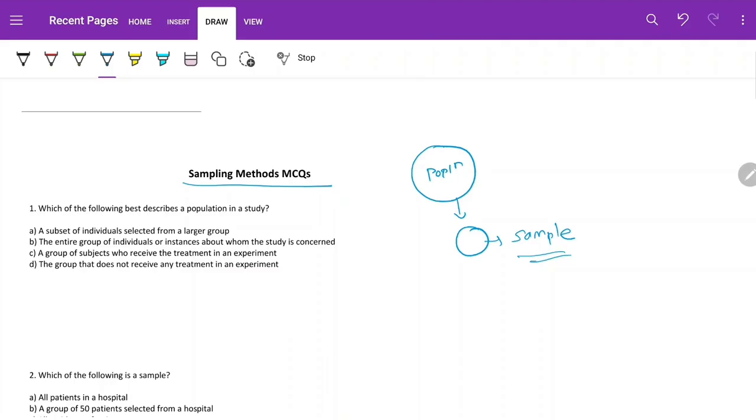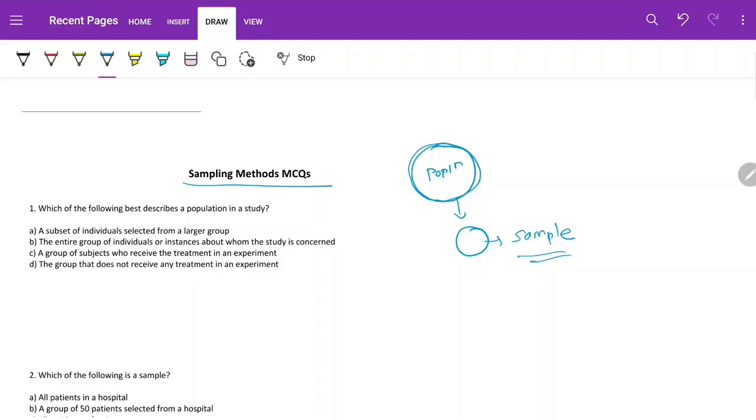Because population sometimes may be finite or may be infinite. For an infinite population, it is impossible or impracticable to study, and sometimes a population study requires more time, more manpower, and more cost. It may be costly also.